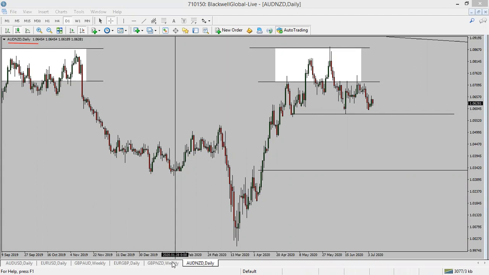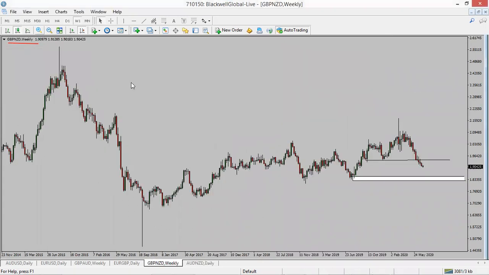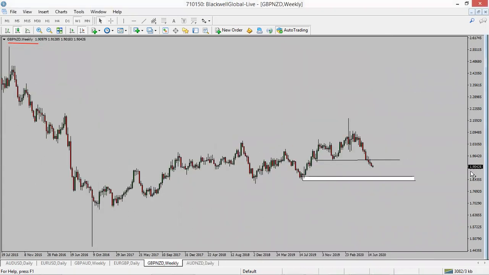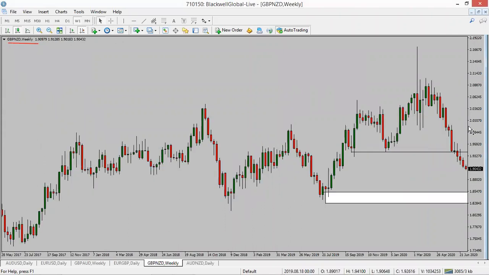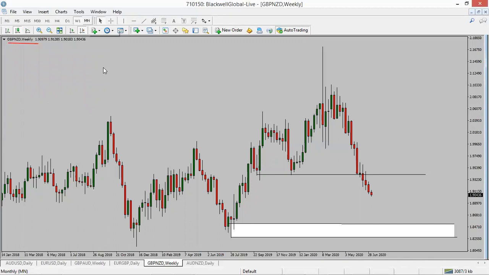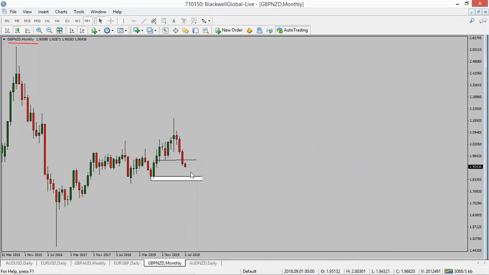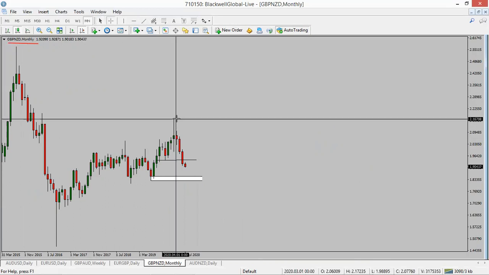Right, so the next setup is the pound New Zealand dollar. The pound New Zealand dollar is basically behaving like most of the pounds out there right now. Starting from the monthly time frame, you can see the flush on the red candles. Very good momentum to the downside, bouncing off a key level around here.